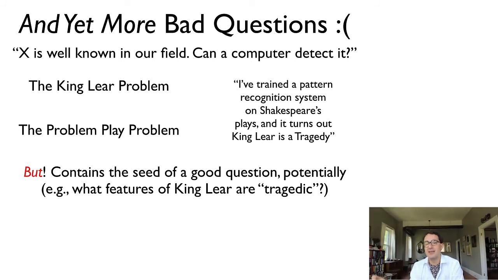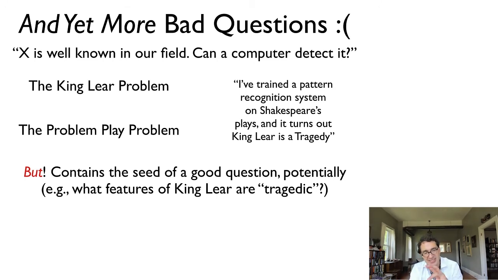What features of King Lear are tragedy-like? So it isn't just, okay, my text classification system tells you that King Lear is a tragedy. It may be the case that with some technical work, some philosophical, conceptual thinking the problem through, you may be able to figure out that the machine thinks King Lear is a tragedy on the basis of this or that feature.